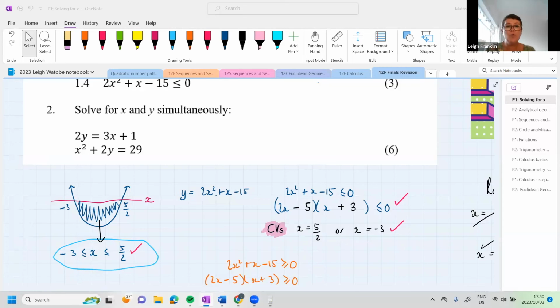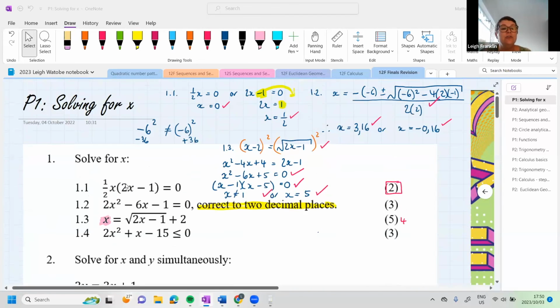When you use the word or, it means you are one or it could be the other. So when we are finding a solution to a quadratic, we can't say x is 3,16 and x is -0,16, because both solutions are not valid at the same time. Either the one solution makes the left equal the right, or the other one does. It's not both at the same time.